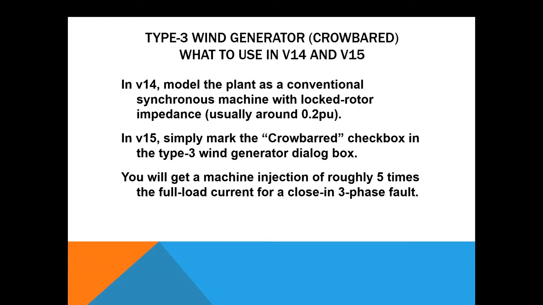When this happens, usually you will get a much higher fault current, up to about 5 times. So if you are simulating a plant with this kind of Type 3 wind generator, it's important to simulate with crowbarring turned on so that you can find out what the maximum current is going through your substation equipment.